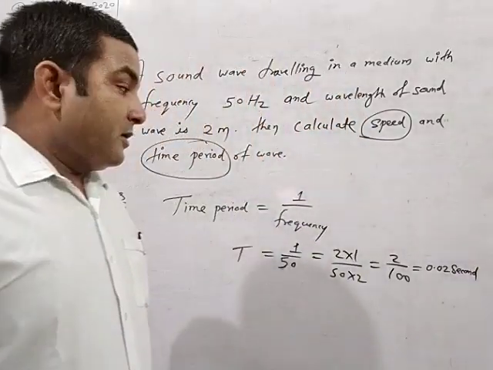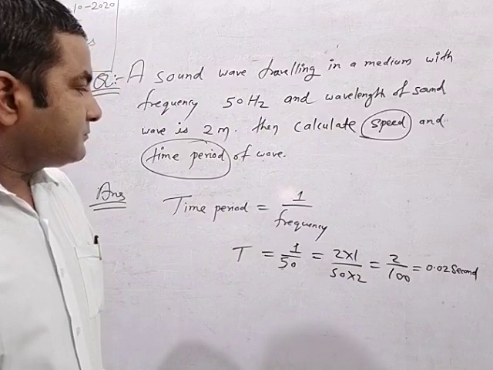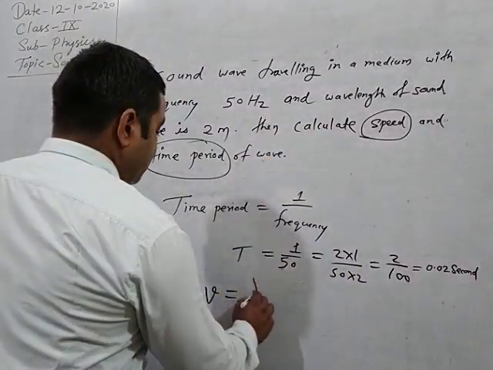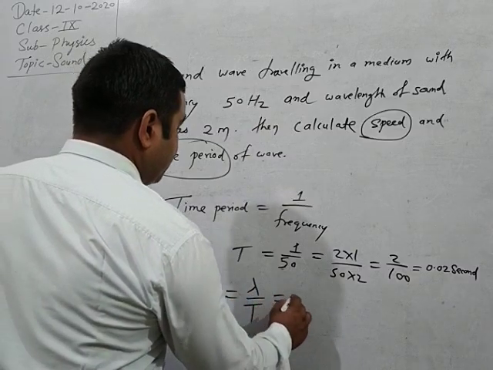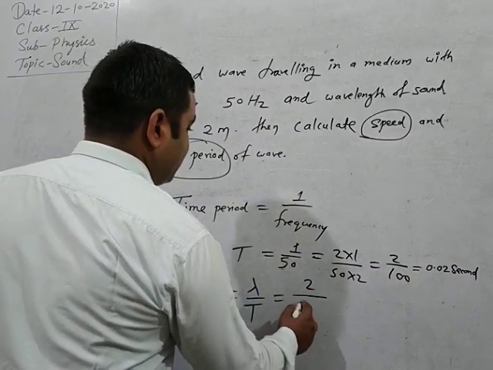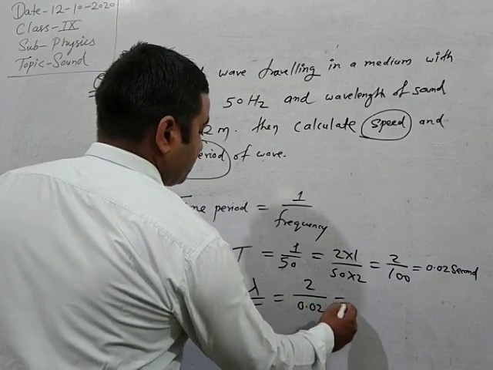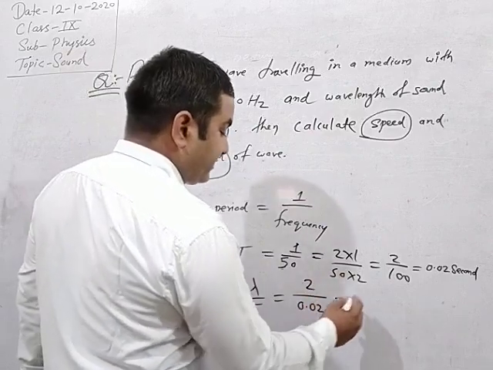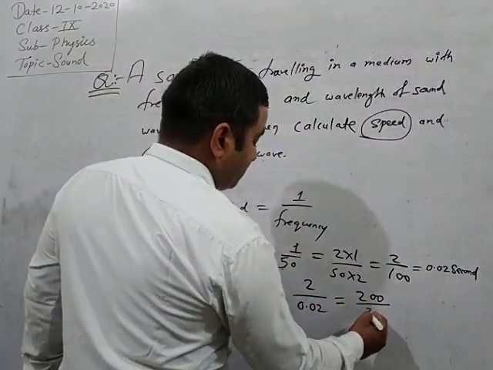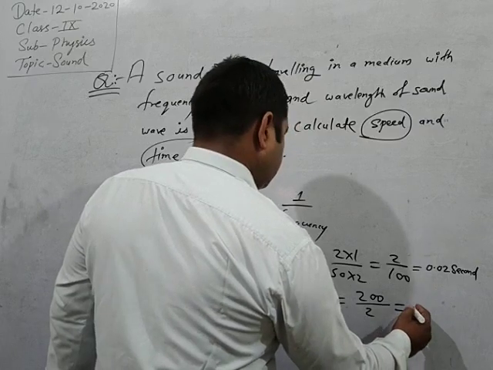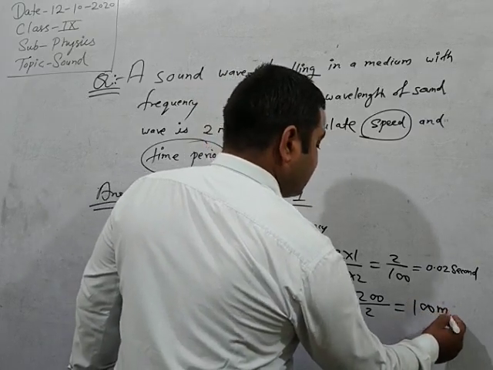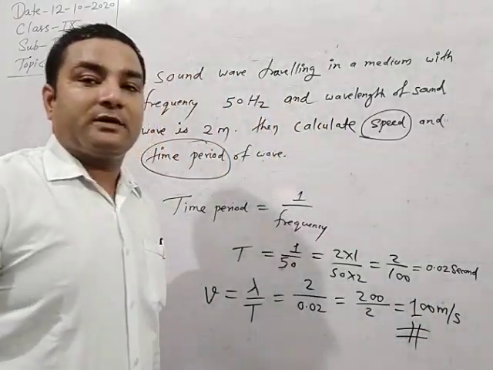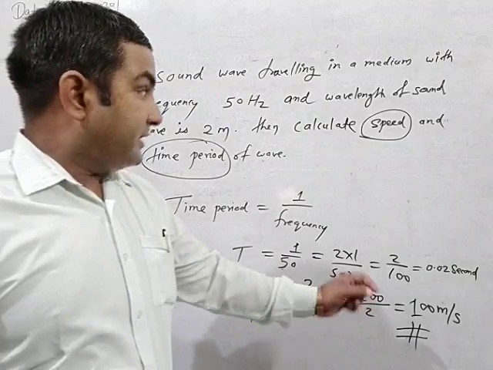Clear? And after this, the second calculation is speed. Then v is equal to lambda upon T. Lambda here is 2 meter and time here is 0.02. So when the decimal point is removed, the numerator is multiplied by 100. So 200 upon 2 is equal to 100 meter per second. It means the speed of the sound wave is 100 meter per second.